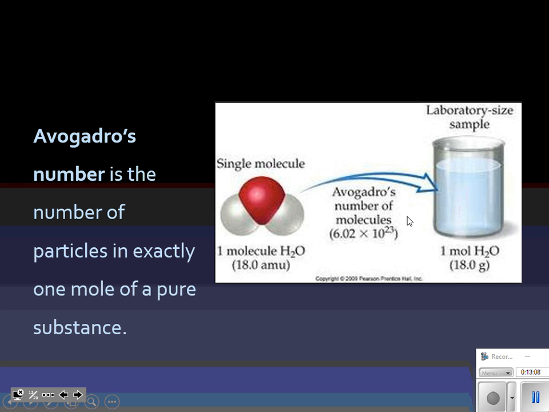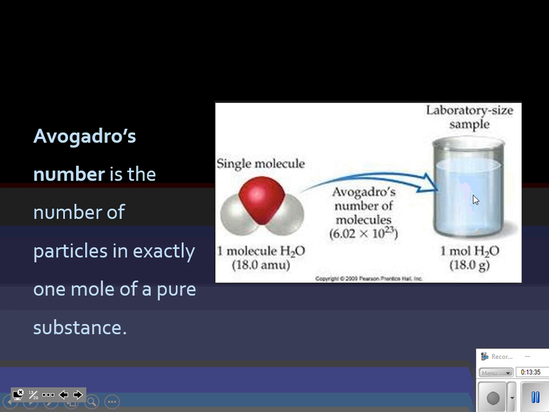So in my beaker here, I have water. All right? I have 1 mole of water. How do I know that? Because I've measured it out to be 18 grams. See the similarities here? 1 molecule, 18 AMUs, 1 mole, we've just converted that to 18 grams.